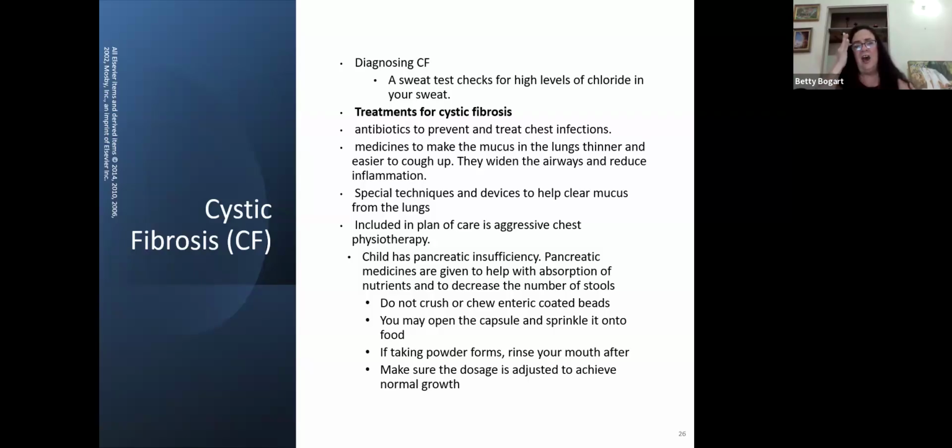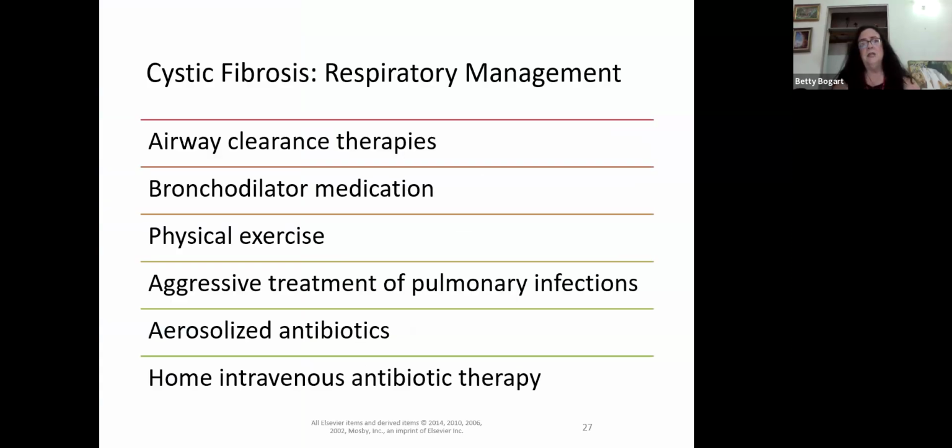Same thing. And then the other thing about this medicine, like any medicine, is that you have to adjust the dosage as they grow. I mean, how many kids in 1 year grow and gain 10 pounds, and the medications haven't been increased? So let's clear the airways, give the bronchodilators.